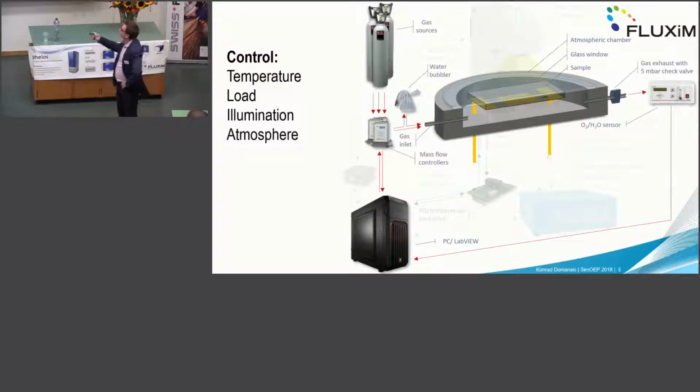We use mass flow controllers to feed those gases into the chamber. These are kind of electromechanical valves with a feedback loop already inside. So you can control precisely how much gas you want to let in. And like that, you can engineer the atmosphere. For example, you can have 1% oxygen in, otherwise nitrogen, and 10% humidity, which we can then read with this sensor at the outlet.